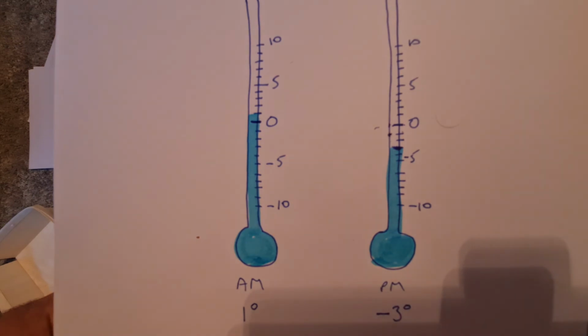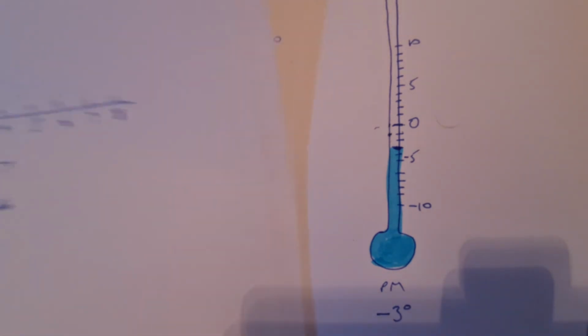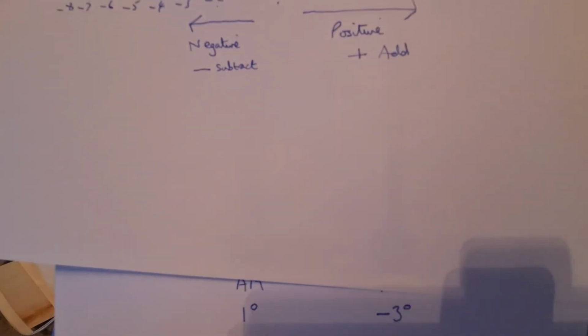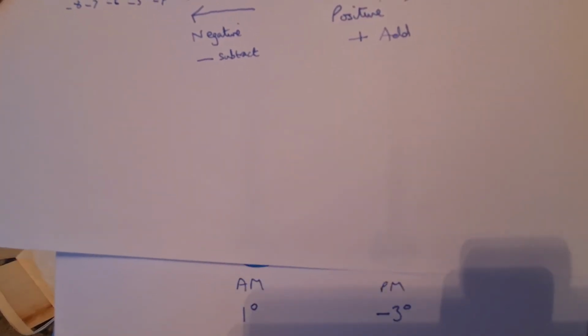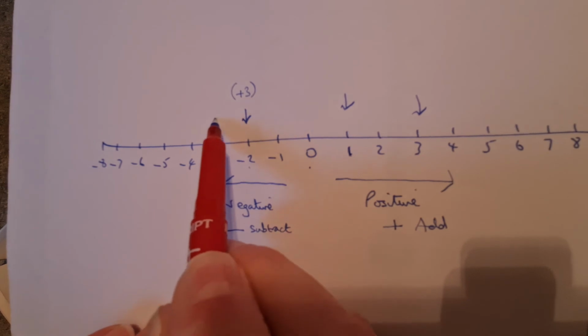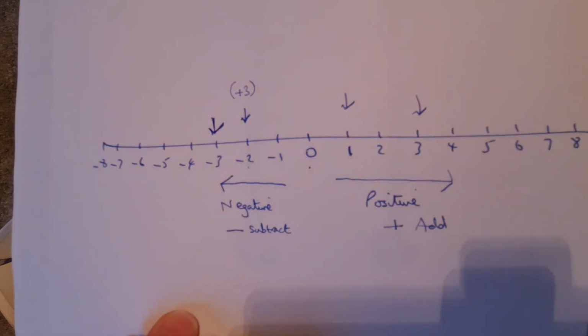Okay, so that's the temperature. But my question is, what is the difference between the two of them? Well, I'm going to go back to my number line here. And one was 1 degree and the other was minus 3. So I've got 1 degree there, and the other one here was minus 3. So what is the difference?